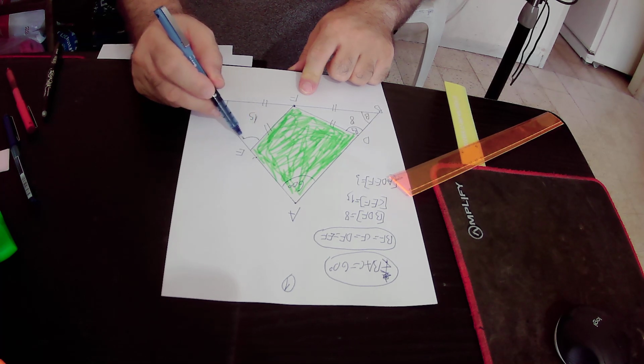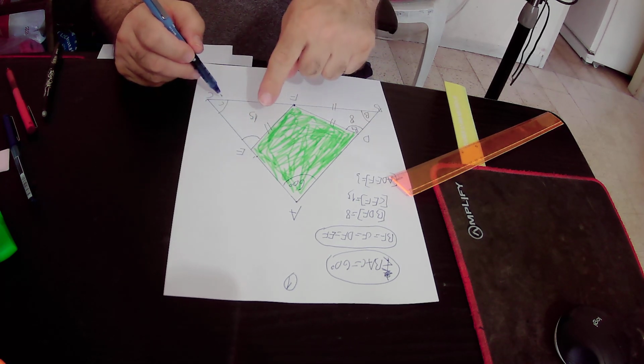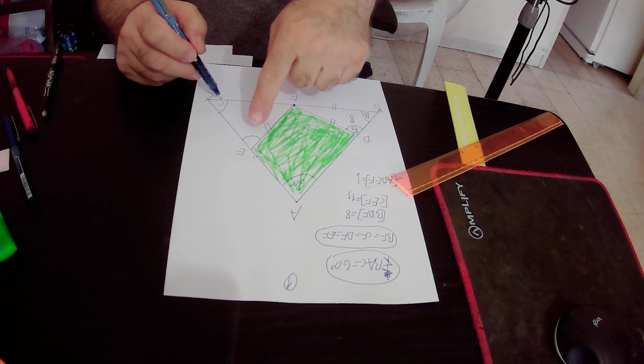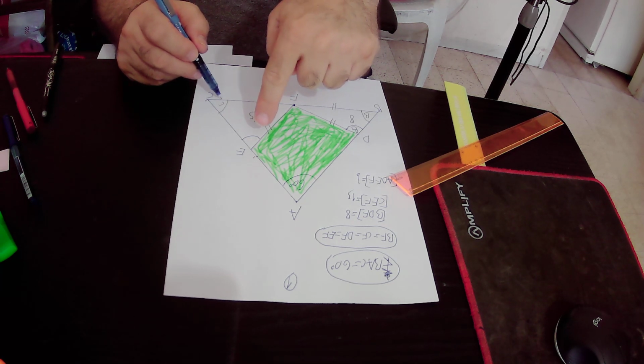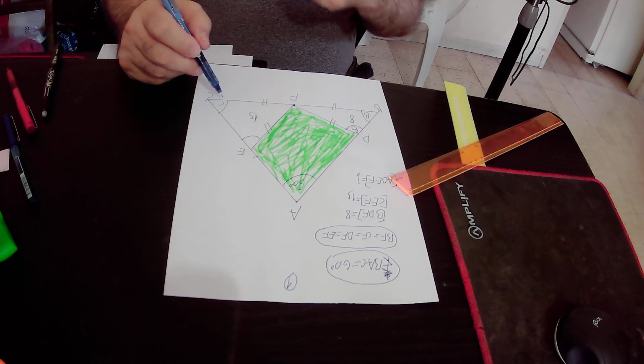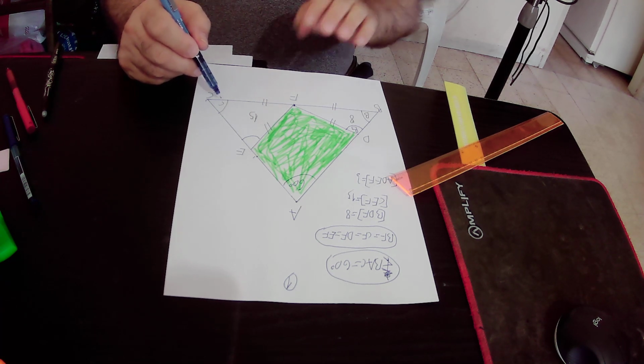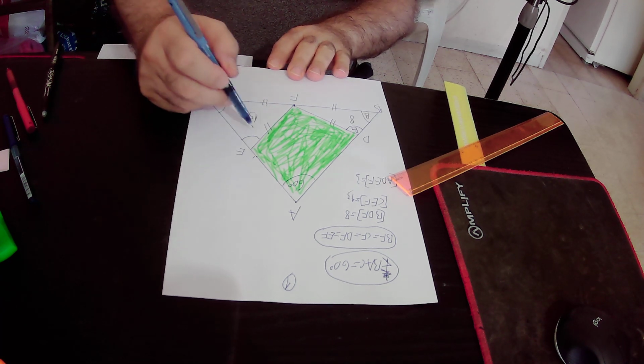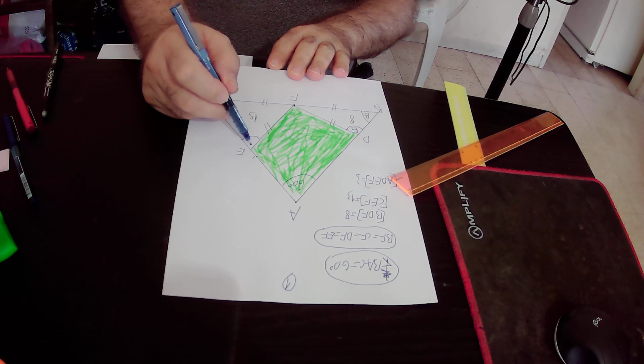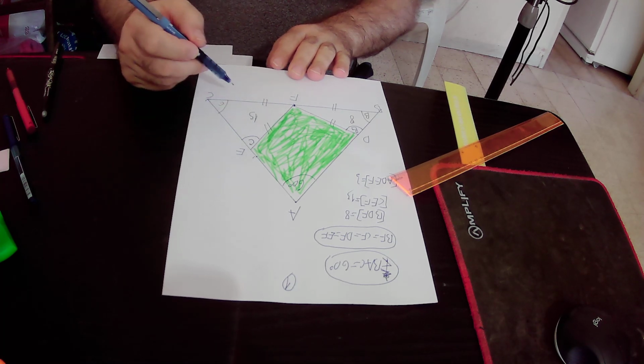This angle FEC must be equal to angle C because those two angles are located in front of equal sides. Therefore, they are also equal to each other. That is to say, if this angle is C, this angle must also be equal to C. Okay?